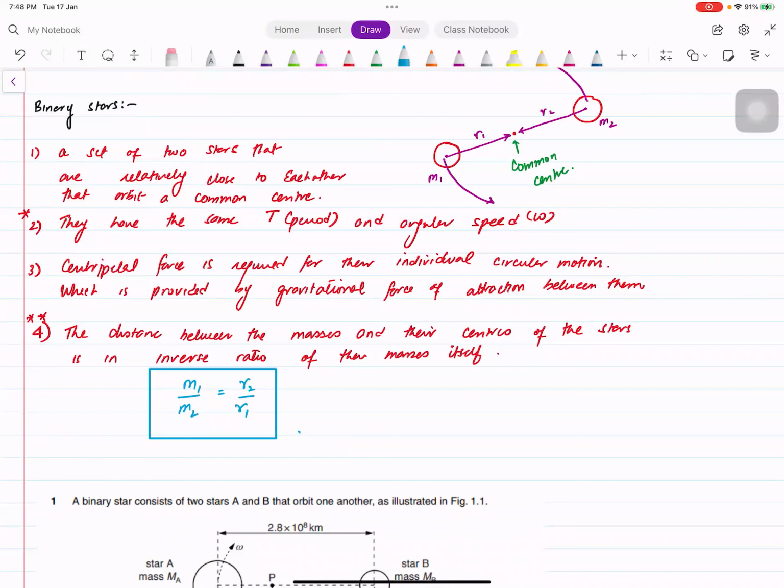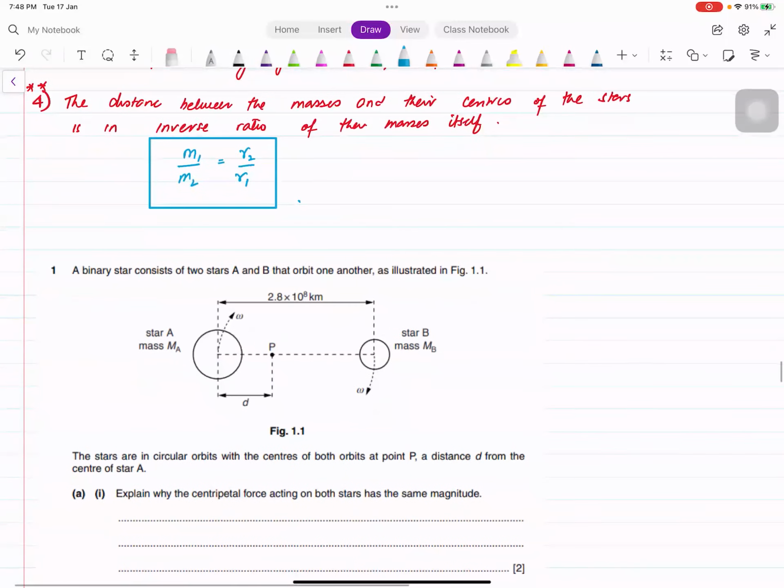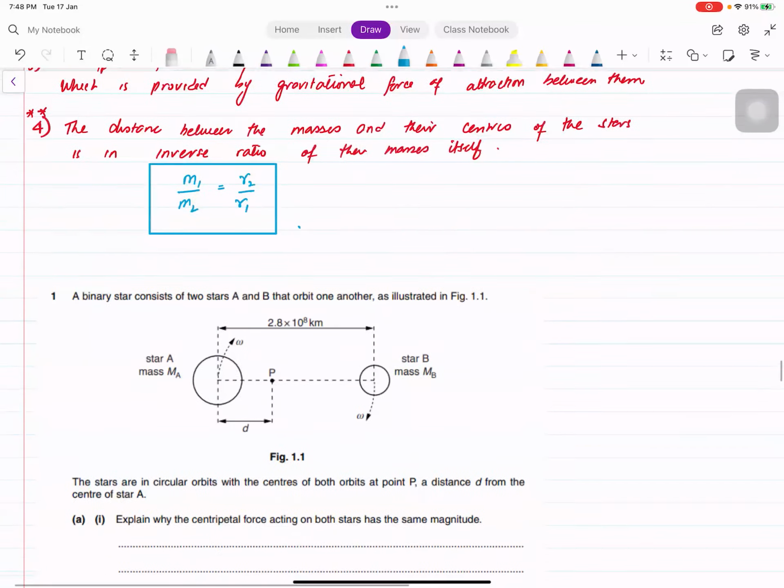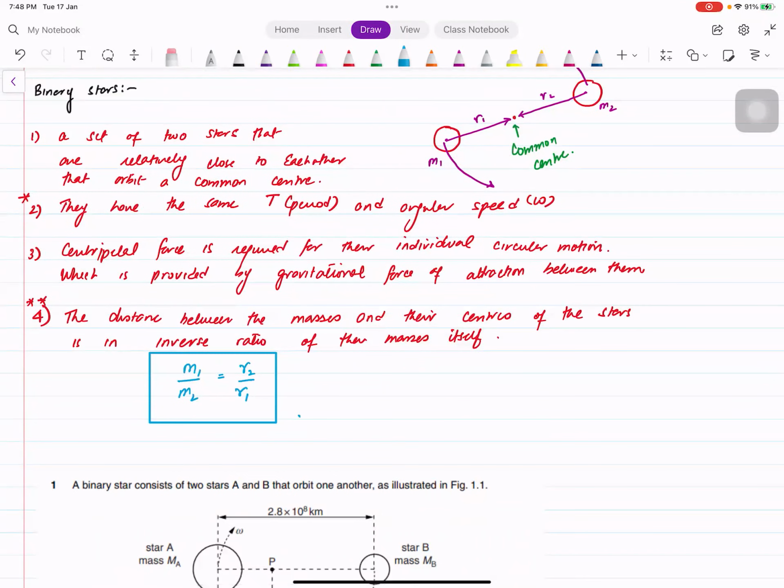All right. Now, speaking of the question now, so this is a typical binary star question. So can we consider planets as binary stars? No, because the main difference between binary stars and two planets orbiting a common sun, or star, is that the planets have different time period and angular speed.